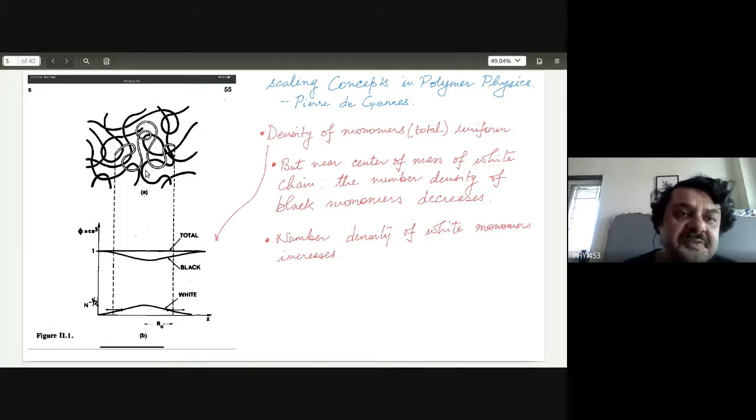It has also been verified computationally by large scale computer simulations, where you make a polymer chain in a melt of other polymer chains, and again you see Gaussian conformation statistics for a polymer chain. So as of 2020 and 2021, this is well established, whether theoretically, experimentally, or computationally.